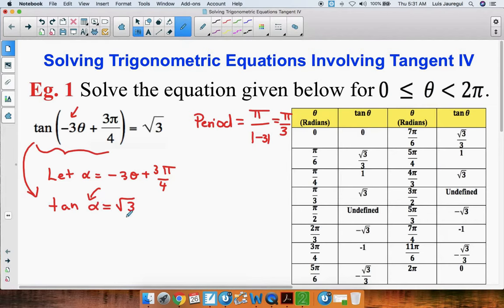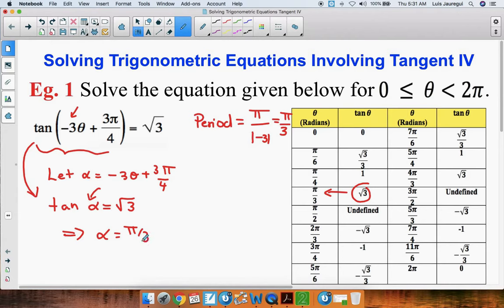Now, since tangent has a period of pi, we're just going to focus on the interval from 0 to pi. So from 0 to pi, the particular angle that makes tangent equal to the square root of 3 is pi over 3. So we get that alpha is equal to pi over 3.